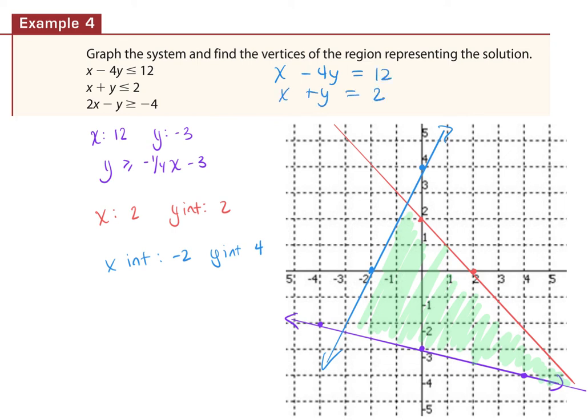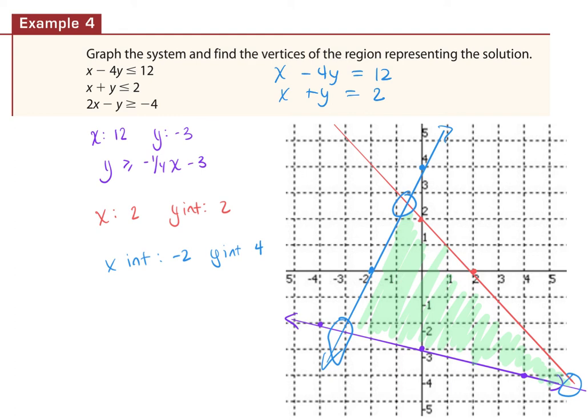You want to set it as a line, and you want to solve it just like you would solve by your methods before, either by substitution or elimination. Does that make sense? Because you're going to have to actually figure out what these exact points are where they cross, because that's going to be how you solve your word problems. You need to know the vertex. And in order to find the vertex, you have to know exactly where it crosses.